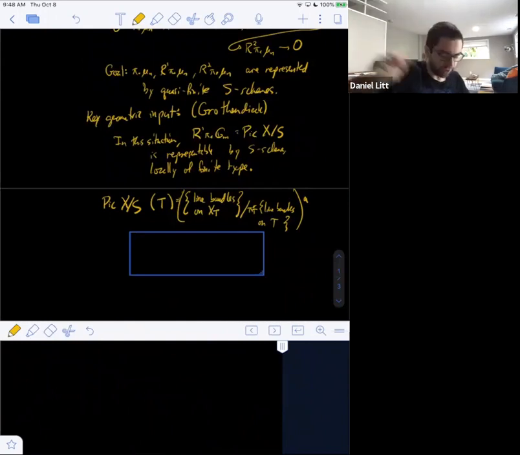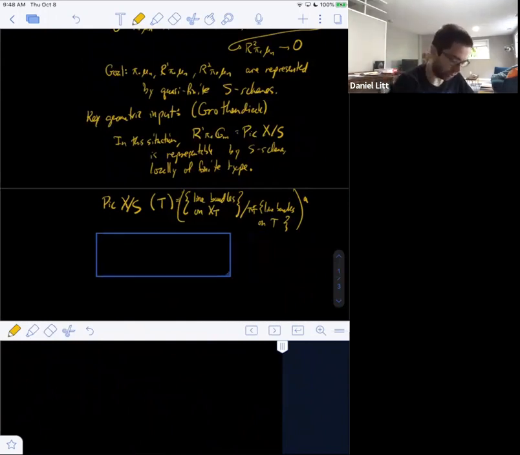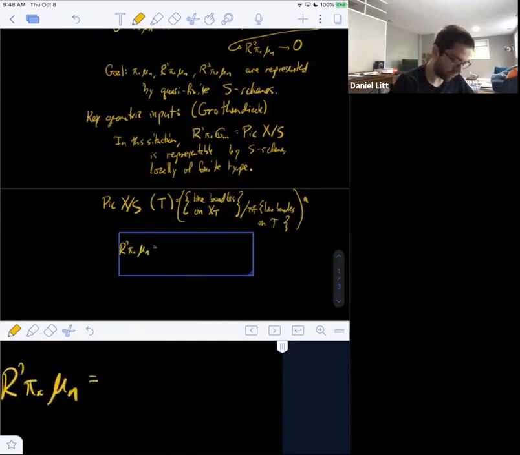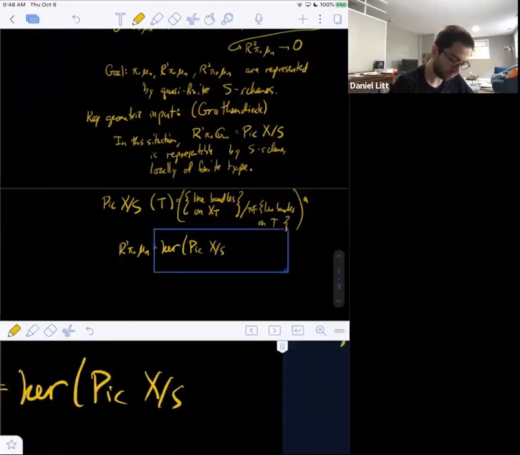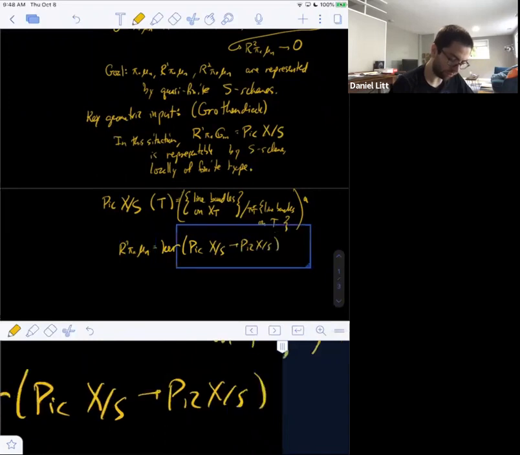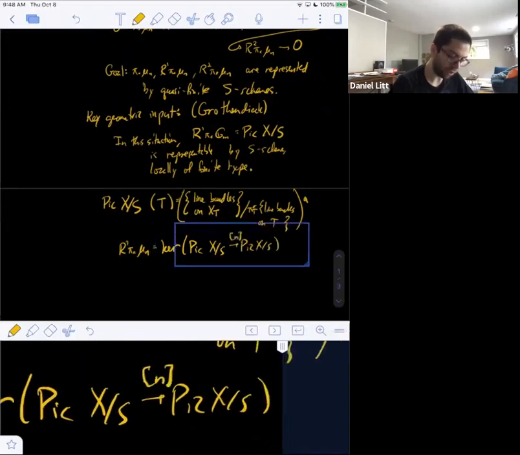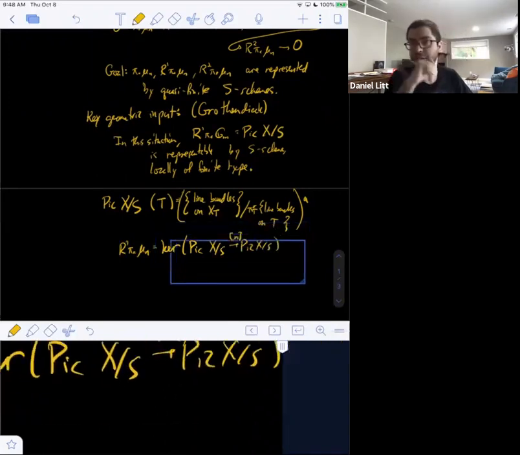Once we do this, we basically win though. We get that R1 π lower star μ_n is the kernel of the map Pic of X over S to Pic of X over S, where this map is just multiplication by n. Now one needs a bit of structure theory.